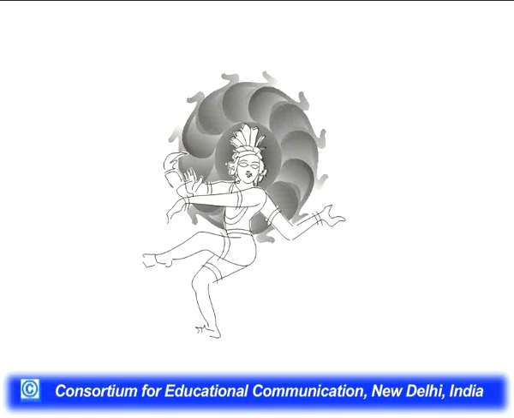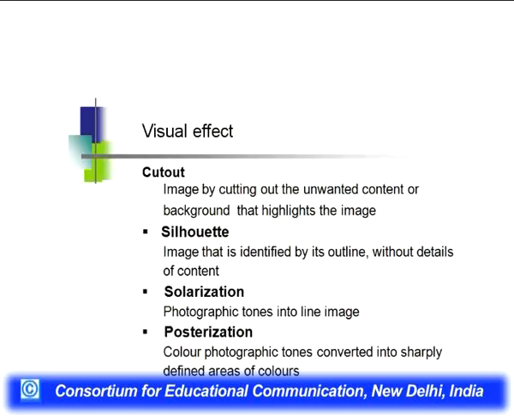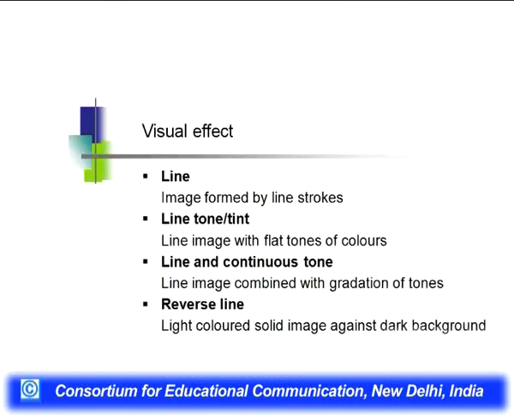Then we can term this image a line image, of course, and the background is continuous tone. Line and continuous tone. If it is on a printed page, it will be line and half tone.